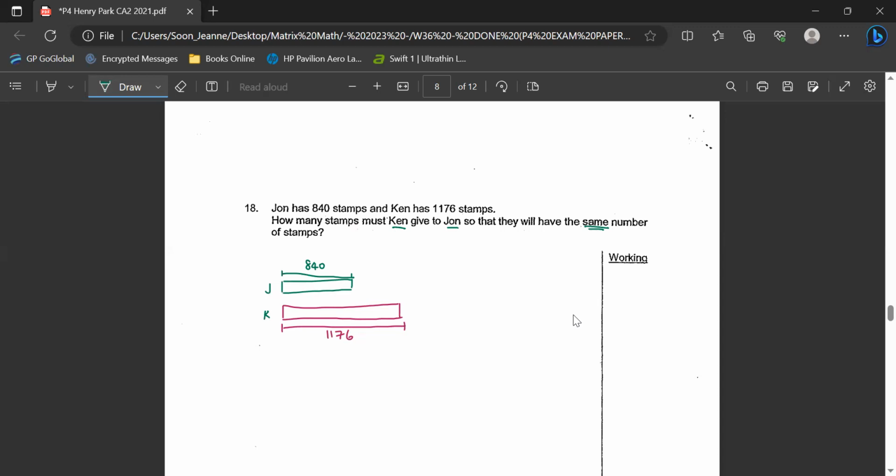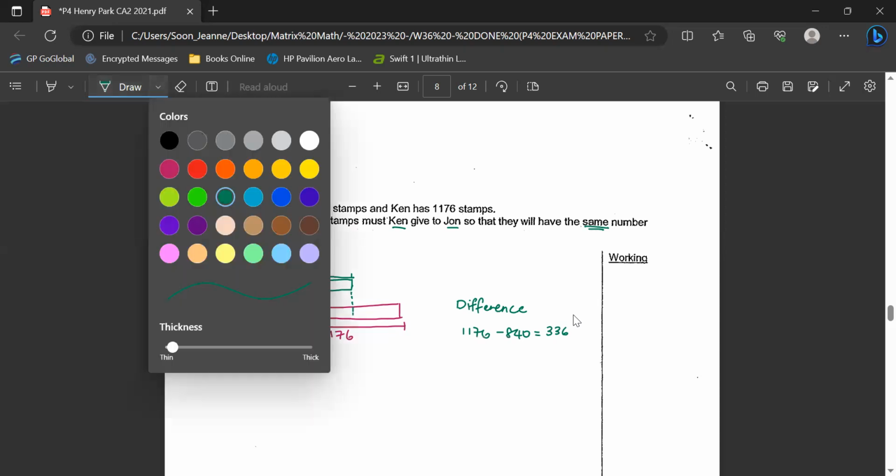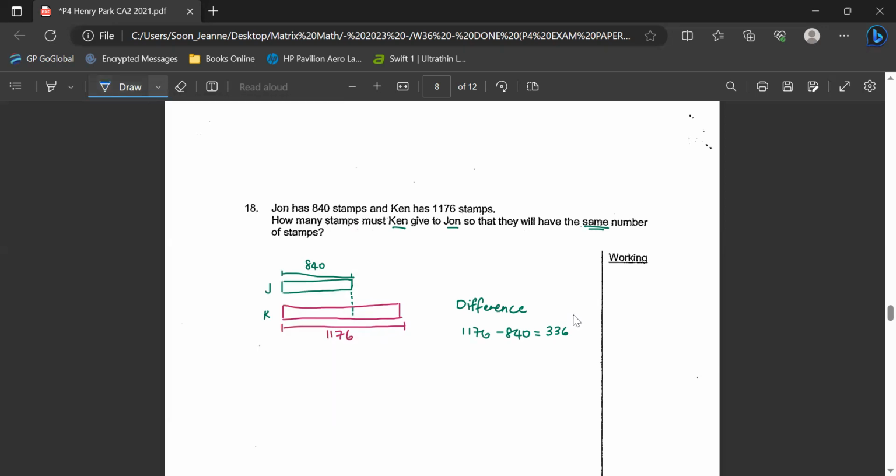So when we want to do this, we need to find the difference between the two boys first. The difference will actually be 1176 minus 840, which will give me 336. So the difference between these two boys is actually 336 stamps.